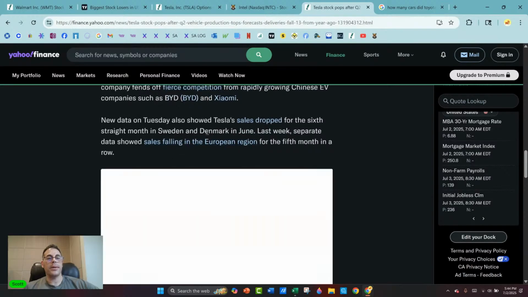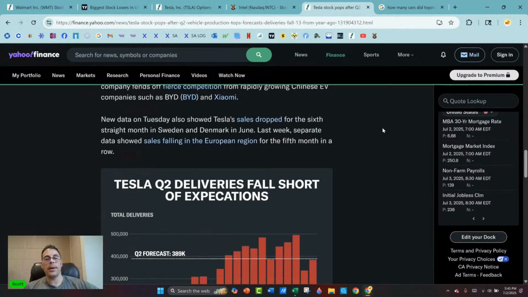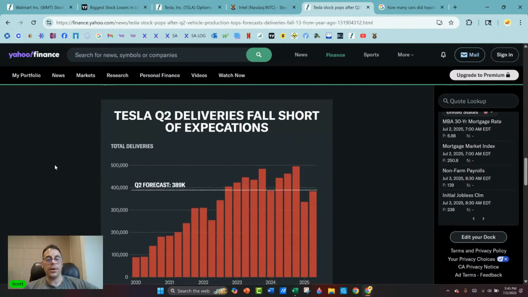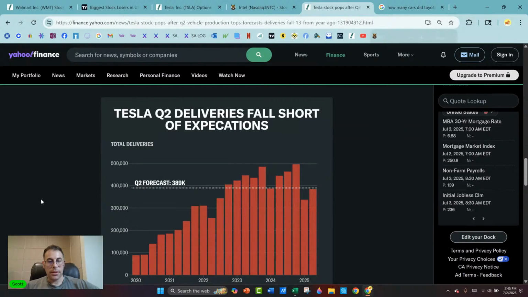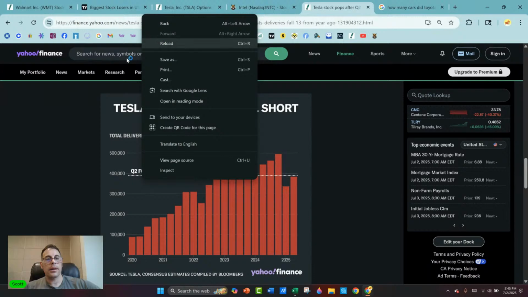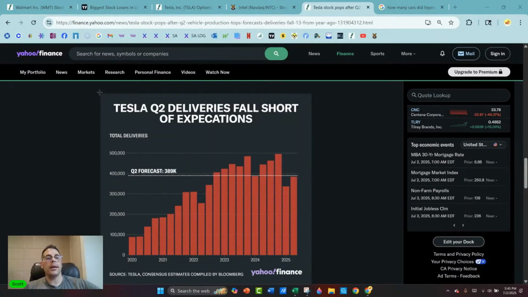Okay, new data on Tuesday also showed Tesla's sales dropped for the sixth straight month in Sweden and Denmark. Last week's separate data showed sales falling in European regions. Like, look at this chart. Deliveries is what you want to look at.